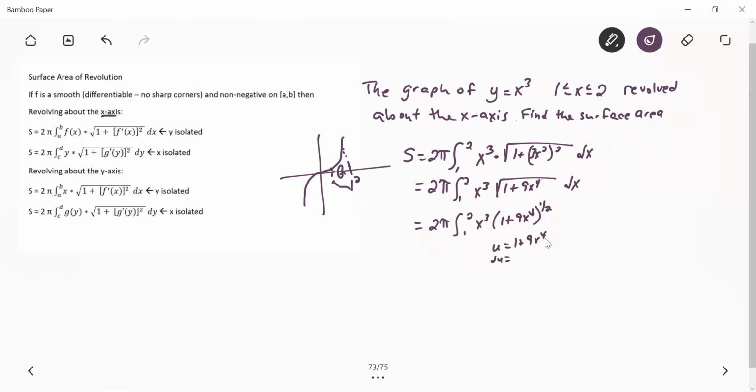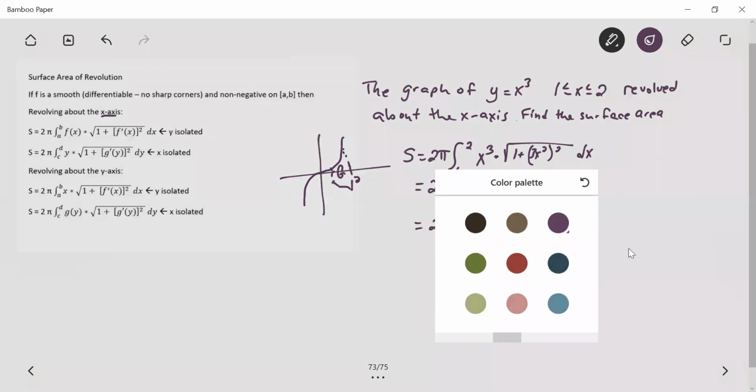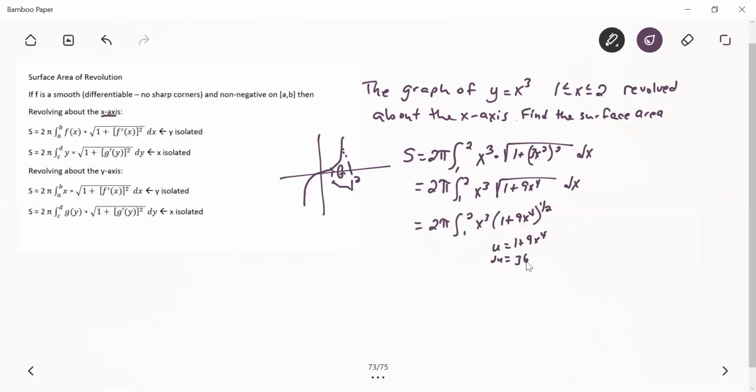So du is what? That's 36 x cubed dx. I have my dx and I have an x cubed, but I don't have the 36. So this gives me 2 pi times 1 over 36 from 1 up to 2. Our x cubed dx becomes du, and this is u to the 1/2.